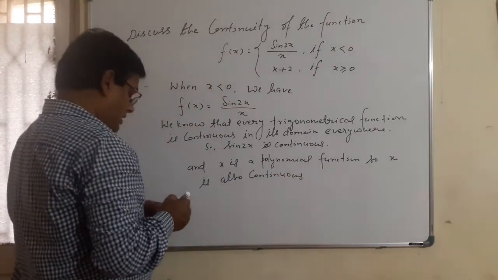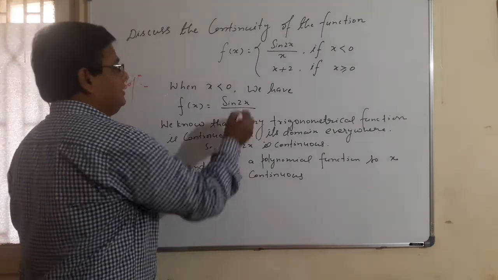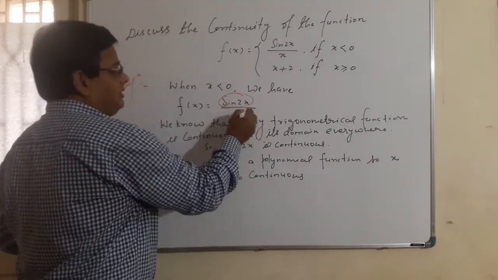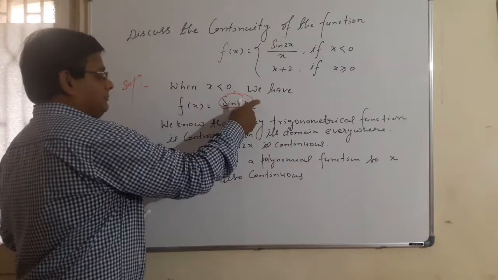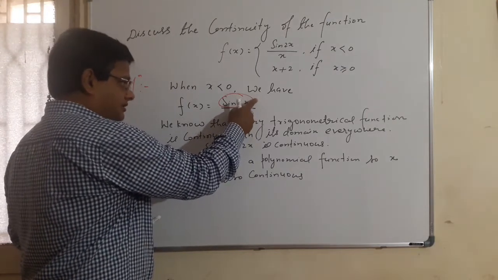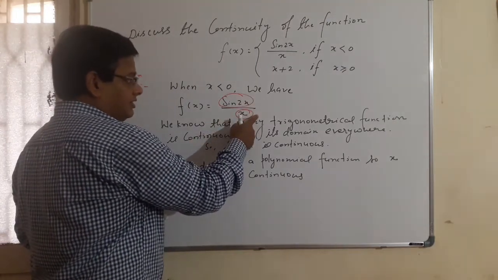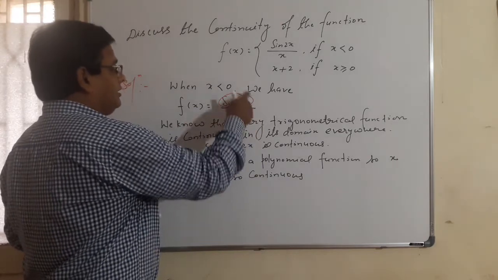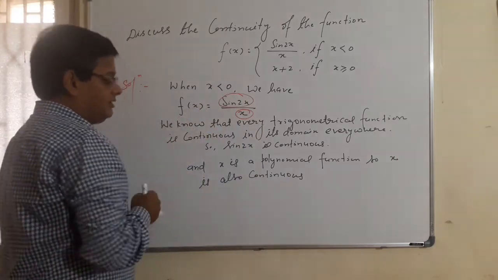If suppose this is g(x) and h(x), if g(x) is continuous and h(x) is also continuous, so both will be continuous, so f(x) is continuous.